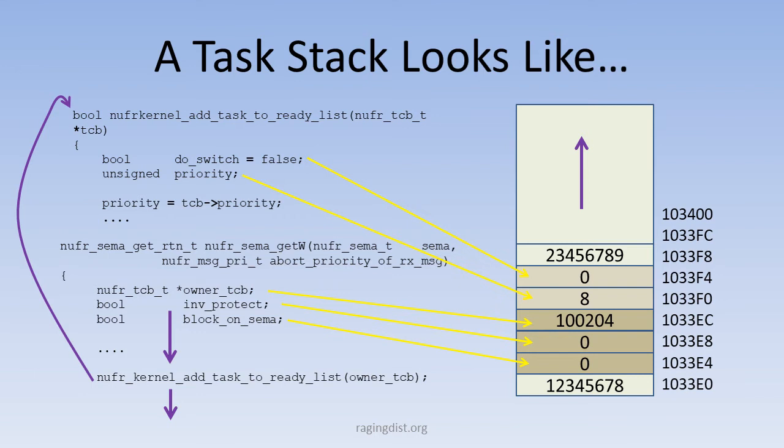So as the thread enters functions, it will reserve locations, and the three arrows from the owner TCB, INV protect, and block on summa show where in memory in the stack. So 1033EC is the memory location for the owner TCB in this case, and these are all numbers I just made up. But you see that there are three slots on the stack which keep the contents of these variables.